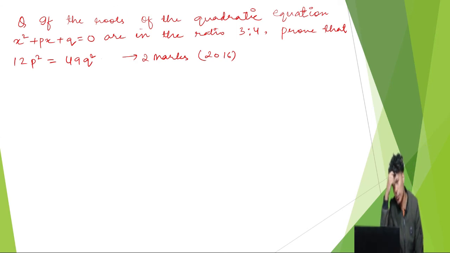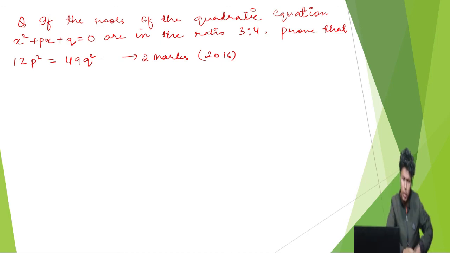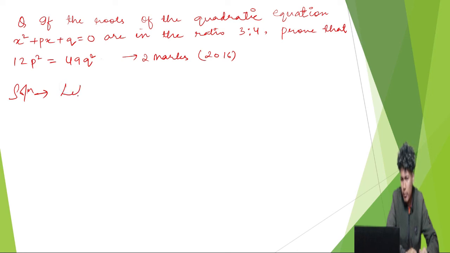If the roots of the quadratic equation x square plus px plus q equal to 0 are in the ratio of 3:4, prove that 12p square is equal to 49q square. Now, the question says the roots of the quadratic equation are in the ratio, so let alpha be one of the roots.